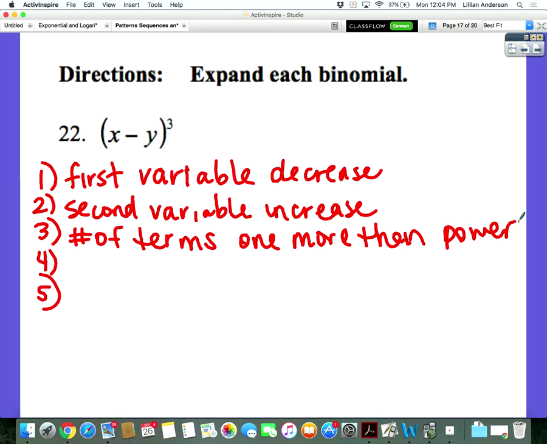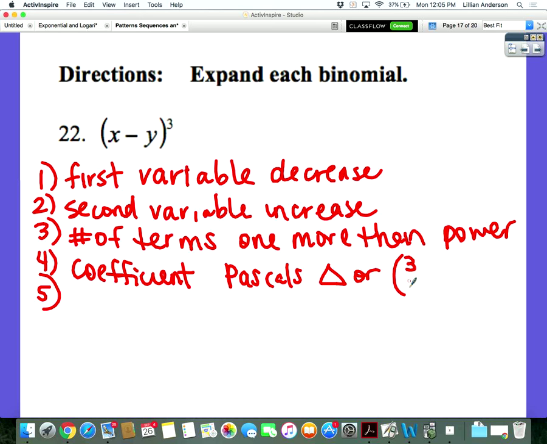All right. The coefficients are always from your Pascal's triangle, or you can think of it from your binomial theorem.